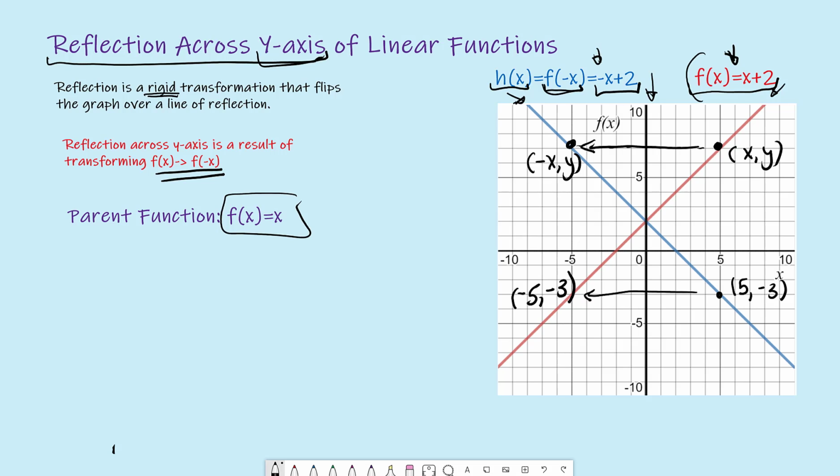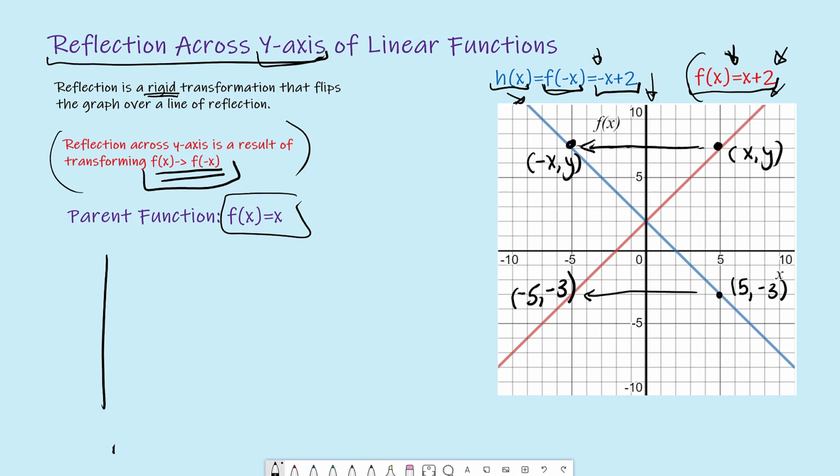And I chose to use an example that has a non-zero intercept so that it's more clearly a reflection across the y-axis. So that's why I complicated it a little here. Now, again, for any function, not just for linear functions, this here is the form of a reflection across the y-axis.